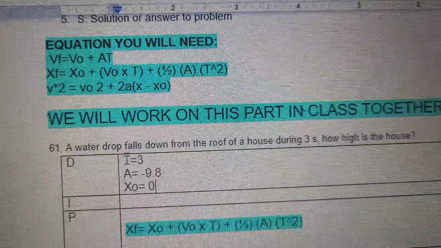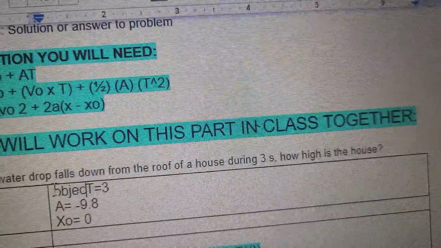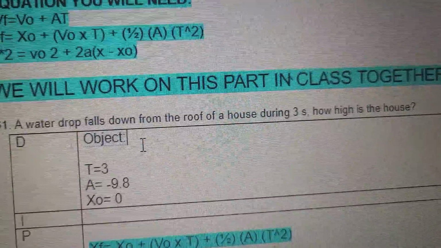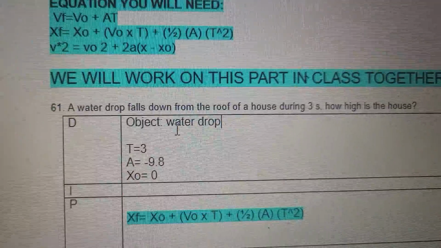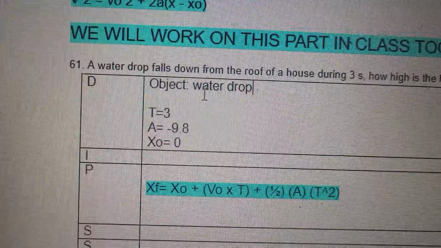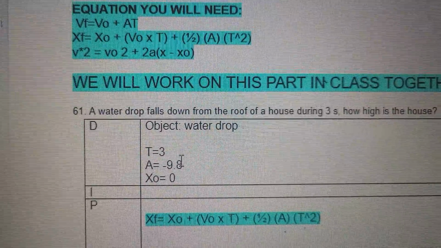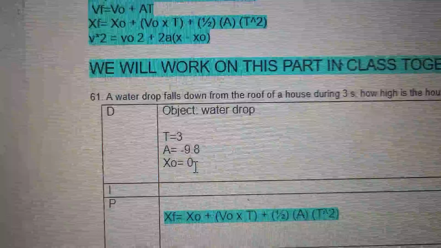What object are we talking about? A water drop. The object that we're focusing on is important for you to know. If it helps, write what object you're focused on, because it helps you decide where the object starts from. What was the speed of the object before it started falling down?